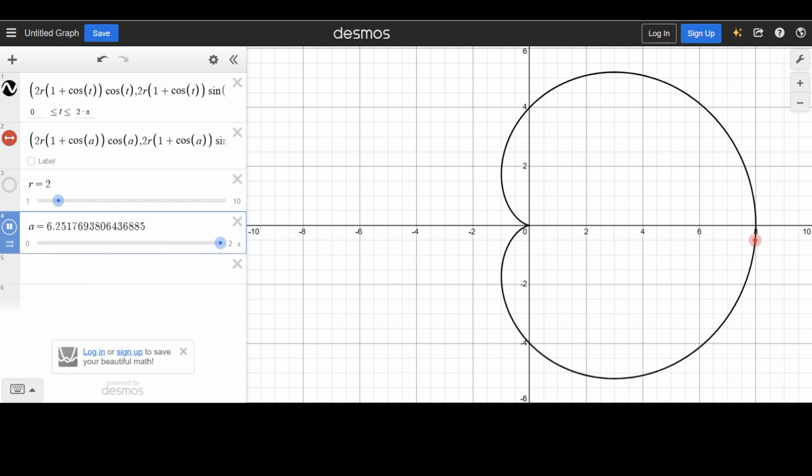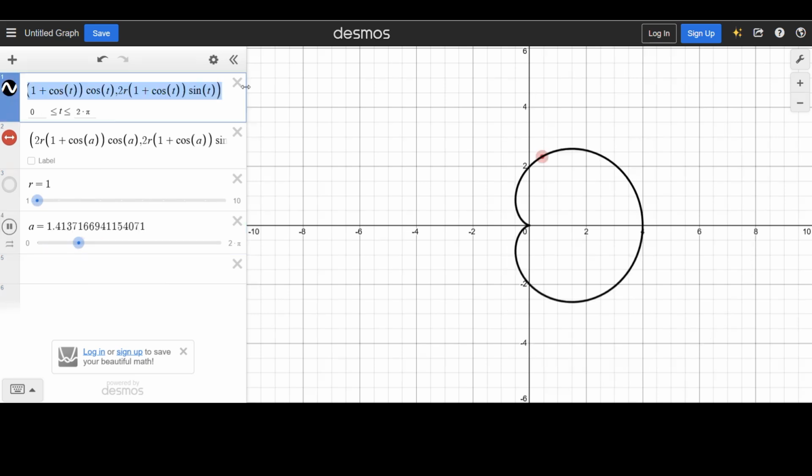And in order now to play around with the angle theta, we put that to be A, and as you can see, that is denoted by this pink point that moves around.